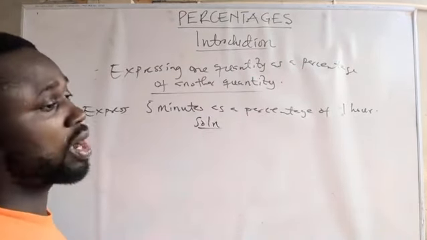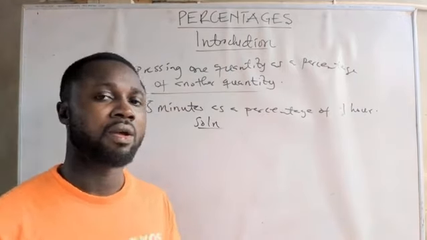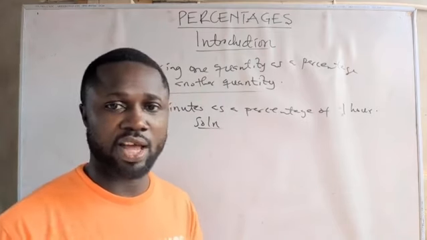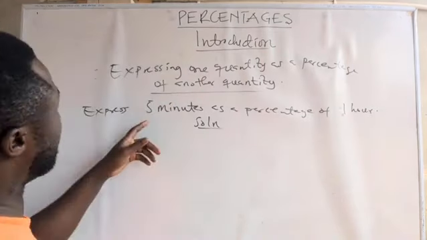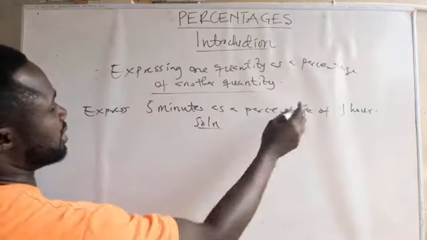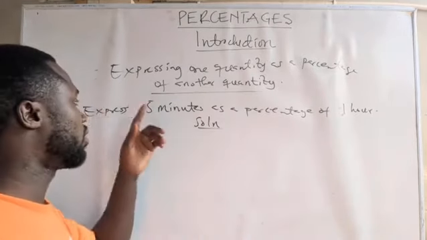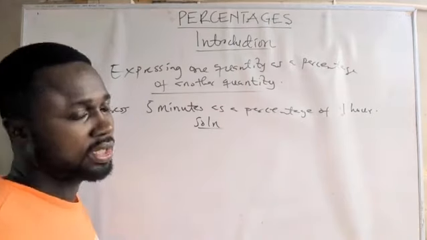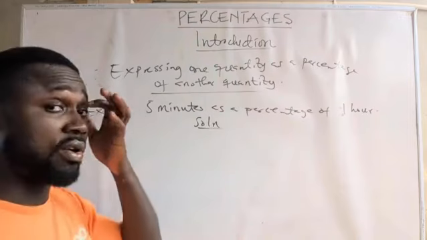And when you are expressing one quantity as a percentage of the other, what you should make sure is that they are in the same unit. If they are not in the same unit, so we have 5 minutes, we have 1 hour, we have to express the hour in terms of minutes or the minute in terms of hours. I think it will be simple to express the hour in terms of minutes and calculate.